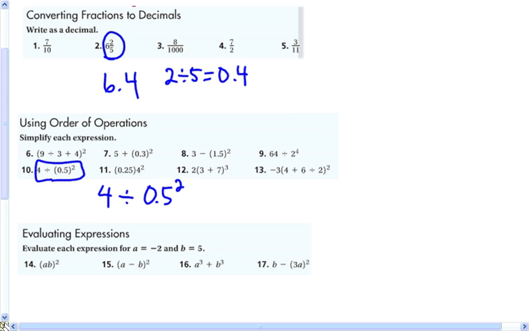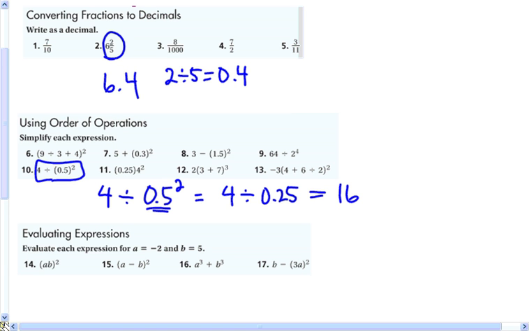So the first thing we're going to do is multiply 0.5 times itself. And if you remember, 0.5 is really just a half. So I got a half squared, or a half times a half, which is a fourth. So this equals 4 divided by a fourth, or 0.25. And 0.25 goes into 1 4 times, so it goes into 4 16 times.